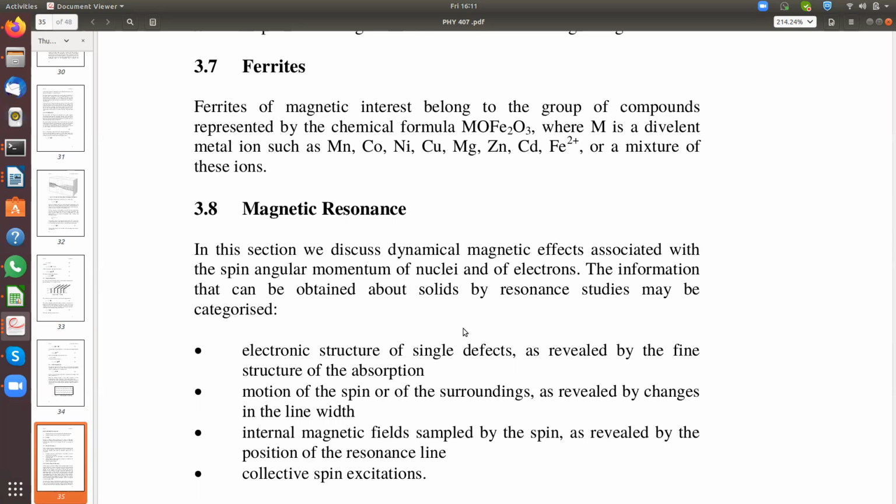So what are they used for? They are used for the electronic structure of single defects, which helps us to reveal the structure of the absorption. We can also use them to look at the motion or spin of the surroundings and the line width, which can give us the internal magnetic field sampled by the spin.